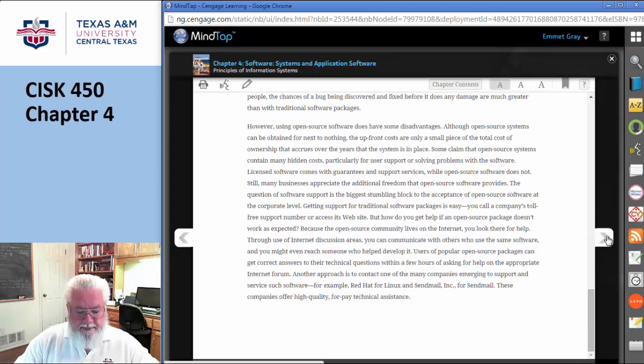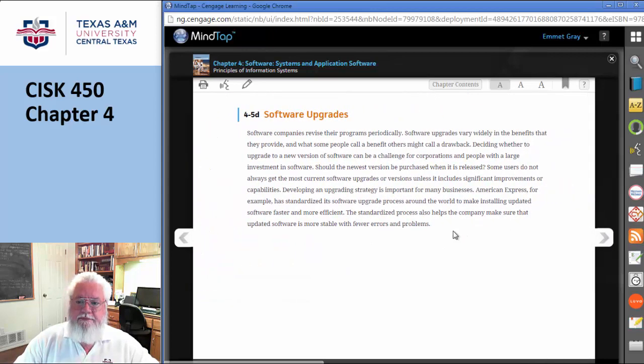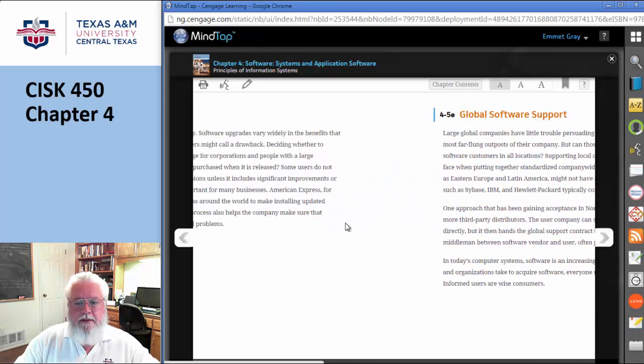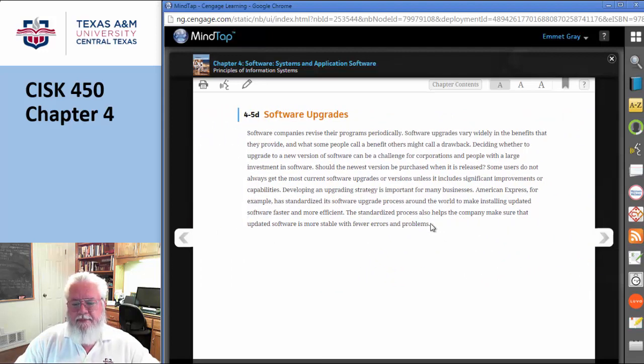Okay, the next thing I'm going to talk about is software updates. Almost all pieces of software out there need to be updated periodically. Windows software isn't any better than some of the others. Here's a good Trivial Pursuit question. If I'm on my Windows machine and I go to software updates, is it going to update everything on my machine?